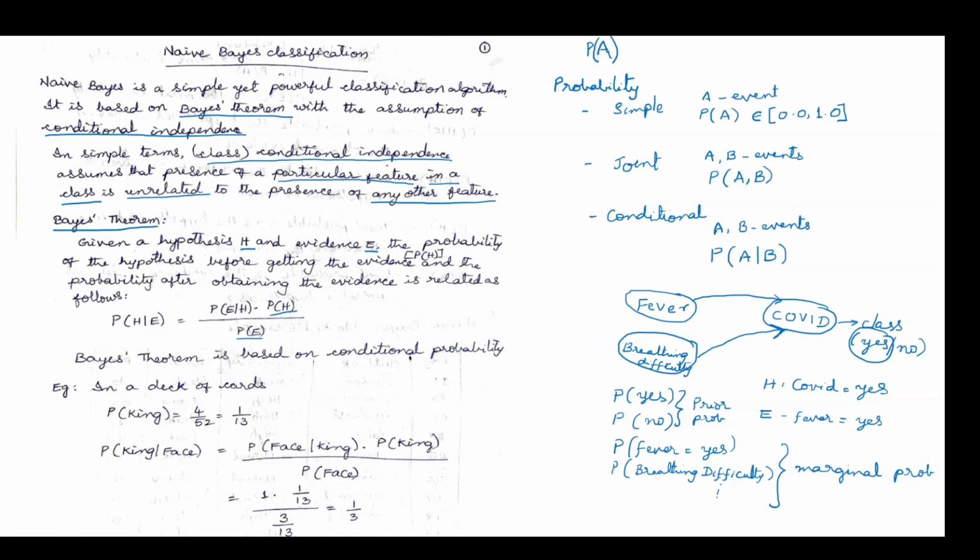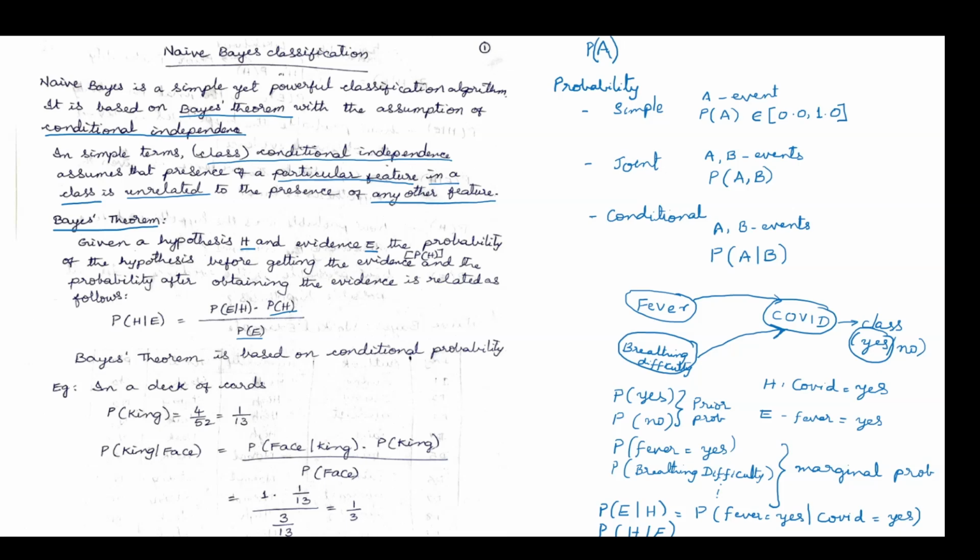Now, P of E given H in this case would be the probability that fever is high or present given that the patient is known to be suffering from COVID. So given the prior and marginal probabilities, we are expected to evaluate P of H given E.